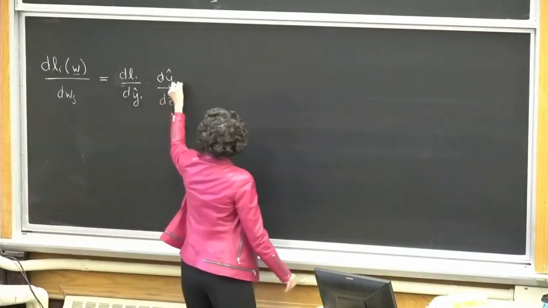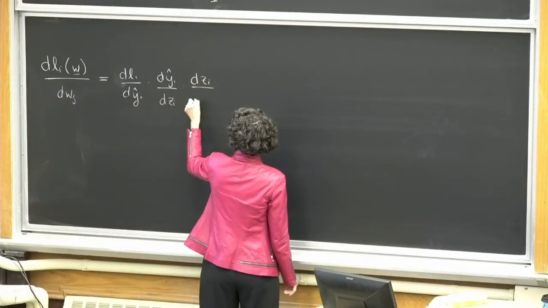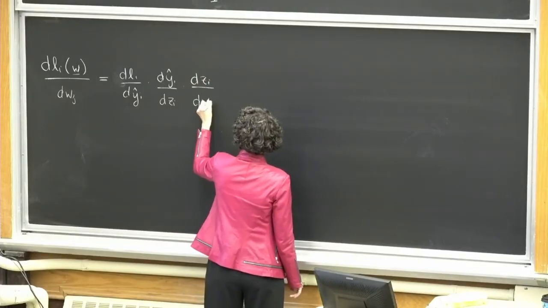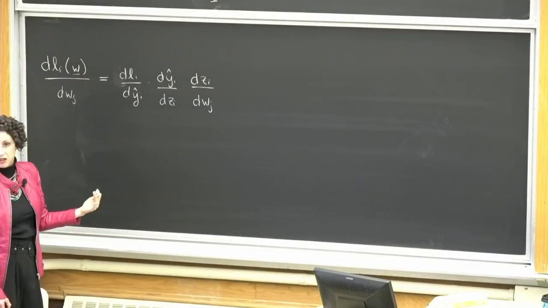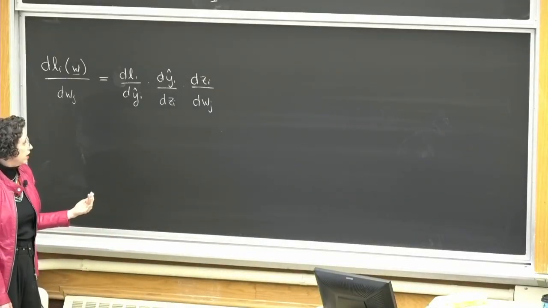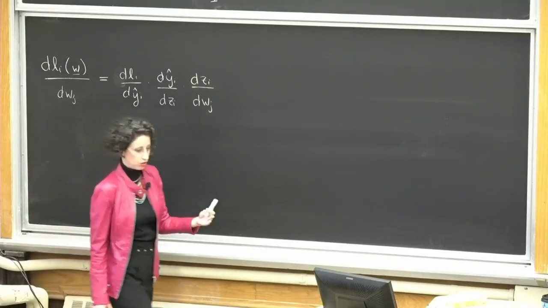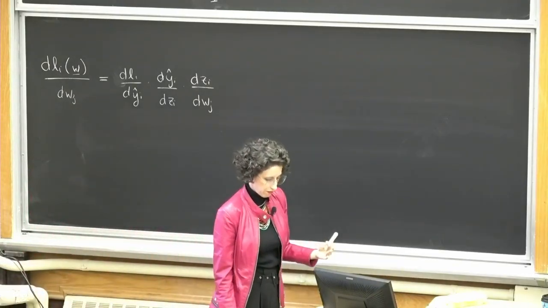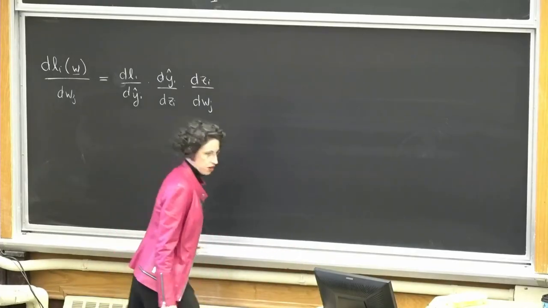And then finally, the derivative of zi with respect to this weight, wj, of interest. So we've got three different derivatives that we need to calculate here, and then once we have them, we multiply them together. So it's just a straightforward application of the chain rule. Okay, so let's look at them one by one.